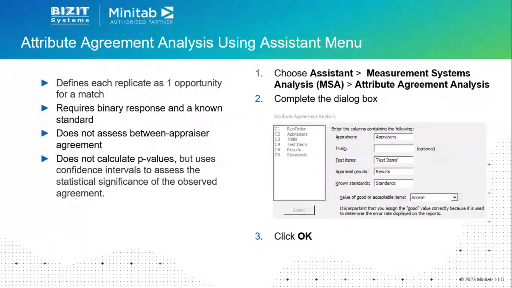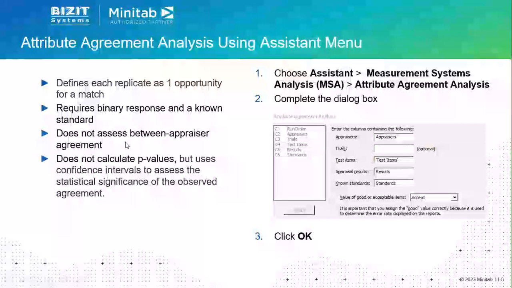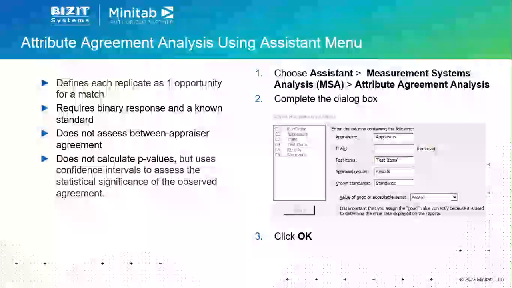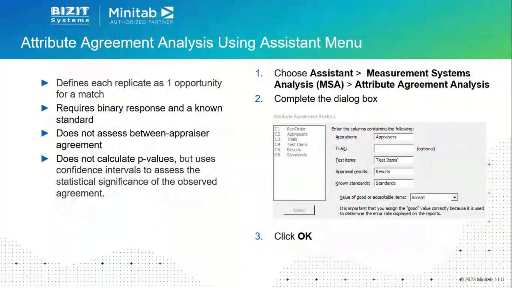If you use the Assistant, it does not provide the assessment of agreement between appraisers, and maybe it does not provide the p-value, which the step-by-step menu provides, with the ANOVA and so on. But for the Assistant, it is easier to interpret the result. It is not so complicated. So that's why we try with the Assistant.